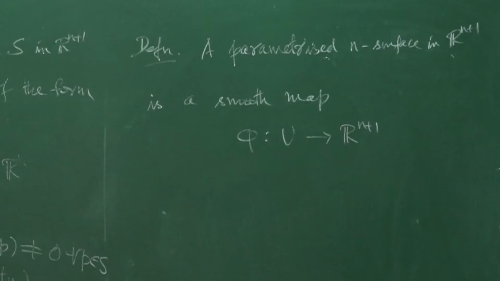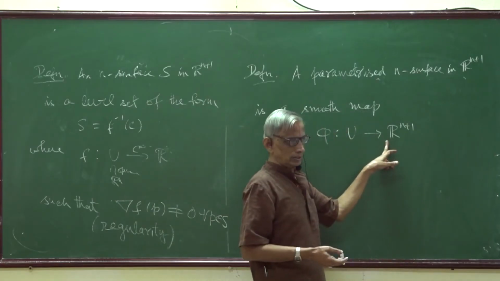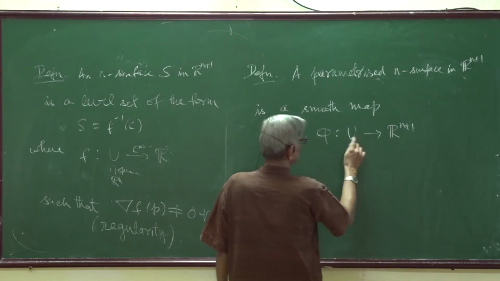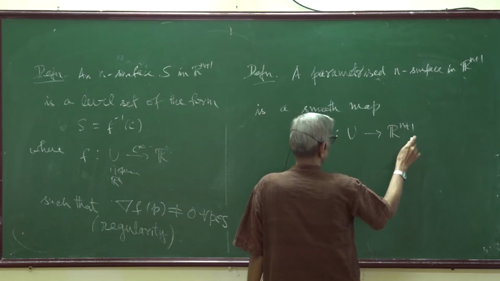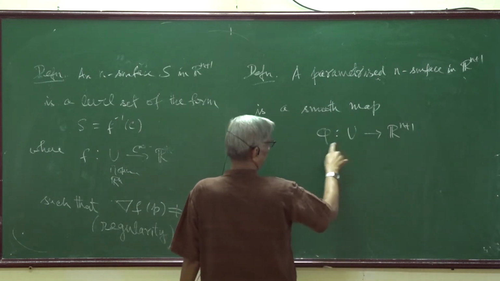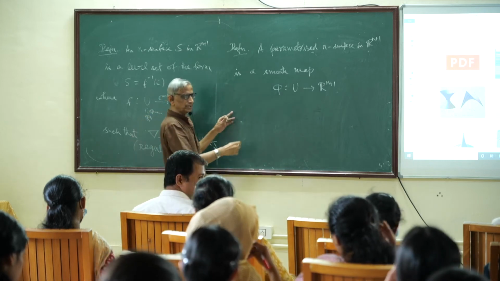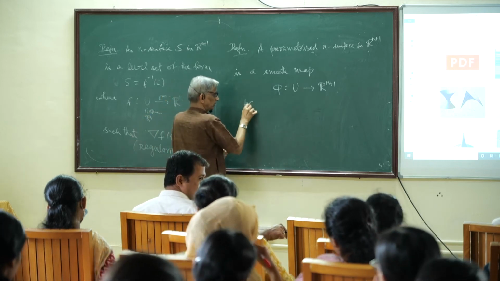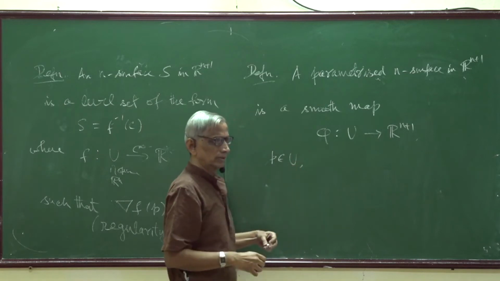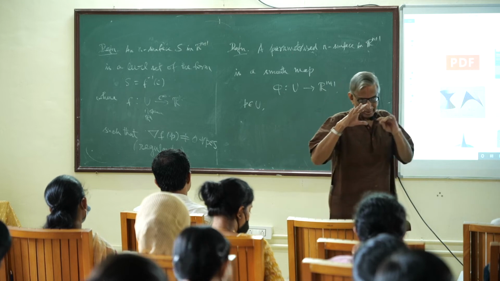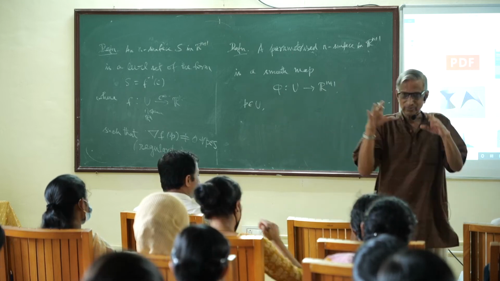Basically, you want to land up on the surface, right? But smoothness on the surface, so smooth map phi such that you have to specify the point now. So P, okay, so this is just defined as a map, but as subsets of Rn plus 1.